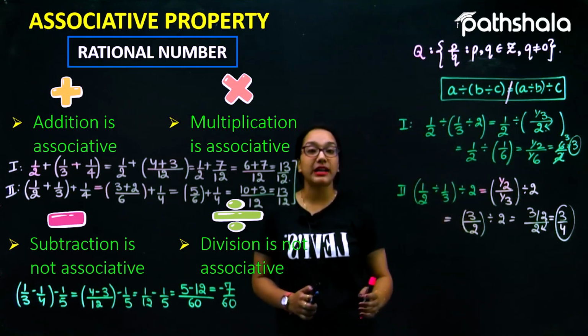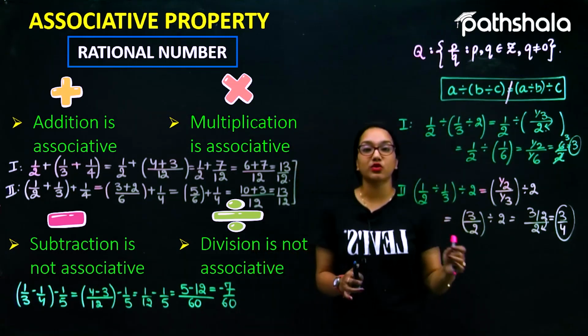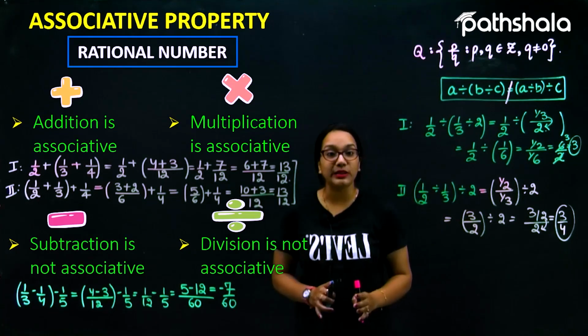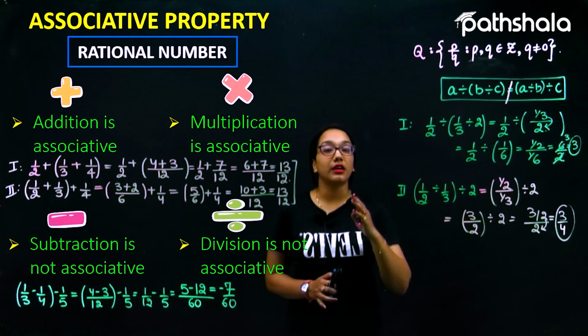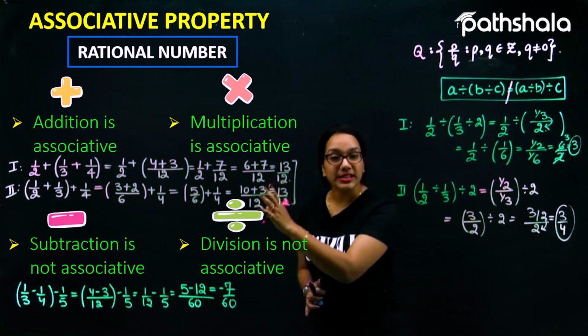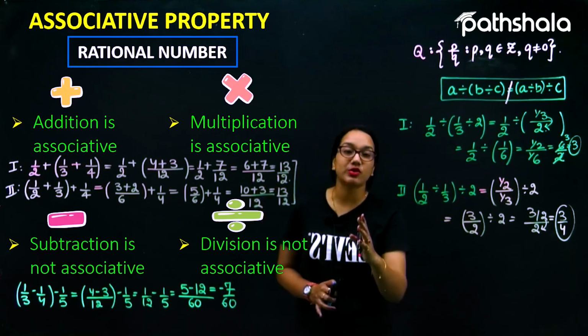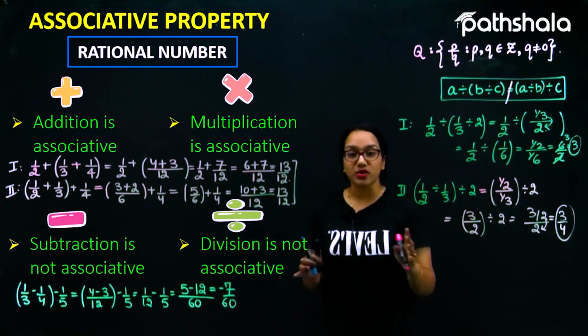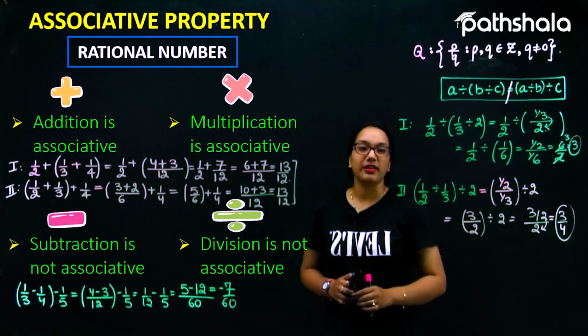It means that division is not associative for the case of the rational numbers. So at the end, what is the conclusion? The conclusion is that addition is associative, multiplication is associative, but the subtraction and the division is not associative for the case of rational numbers.